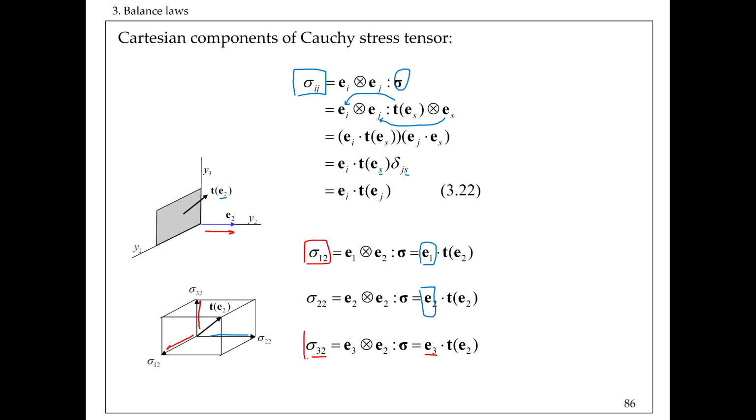So this will be shear stress, while sigma 2,2 along E2 will be the normal stress. Of course, this can also be identified on each of these faces. The normal stresses are sigma 1,1, sigma 2,2, and sigma 3,3, contributing to compression or tension, and all those acting within the plane of the face are shearing stresses. But this is of course a repetition of things that were discussed previously.